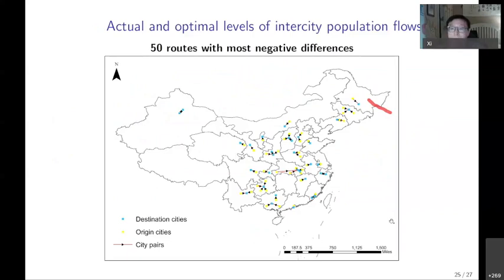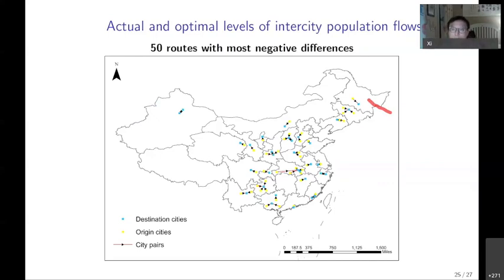And here it shows exactly, if you are a policymaker in China, we know that there are two different worlds. One is without any travel restrictions. What's the population flow between cities, between pairs of cities? But from our model of the social planner and coordinated social planner problem, we also know what the optimal travel flow between cities is.